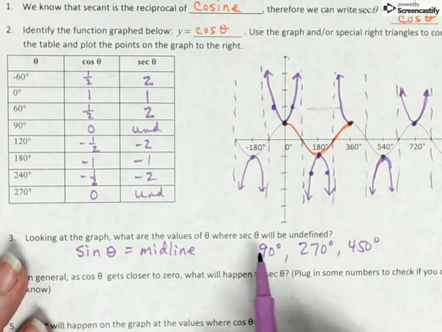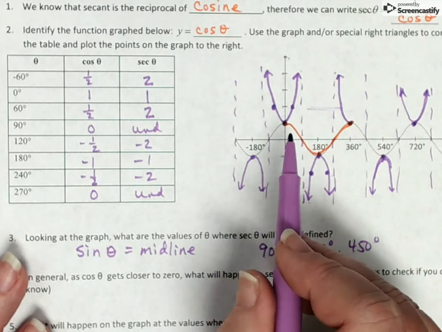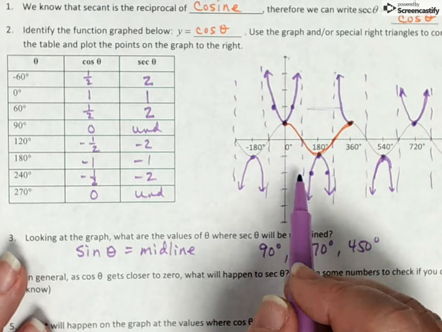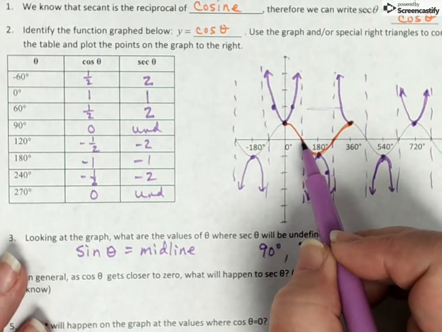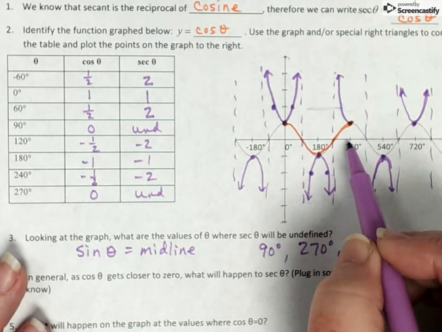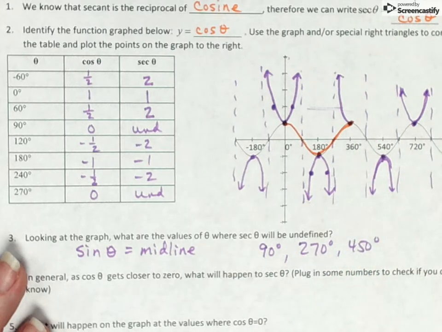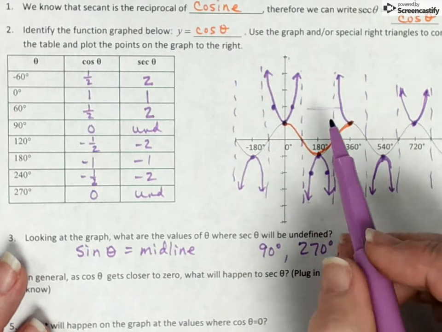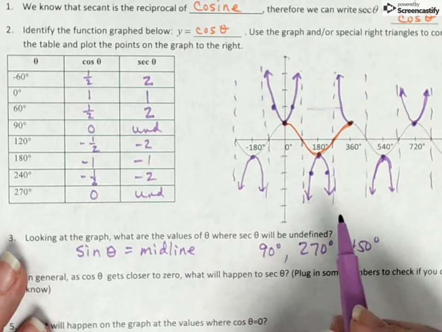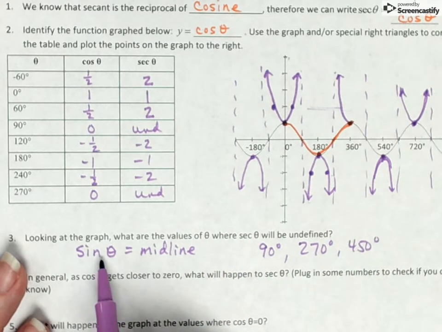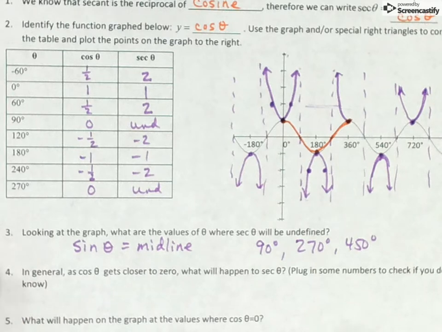So our domain is going to be all real numbers with an asymptote at 90, then another 180 degrees later, then another 180 degrees later. So you need to look at this and recognize that there are some asymptotes, and where they occur is everywhere that sine of theta approached a midline.